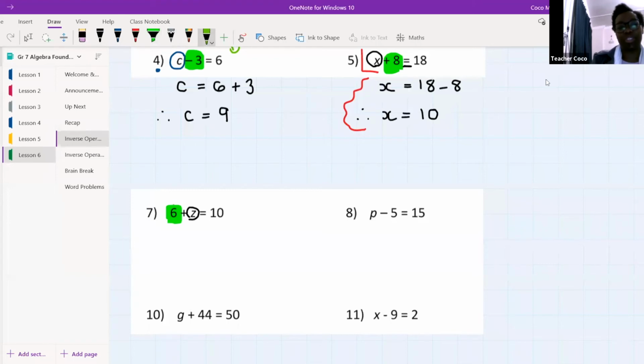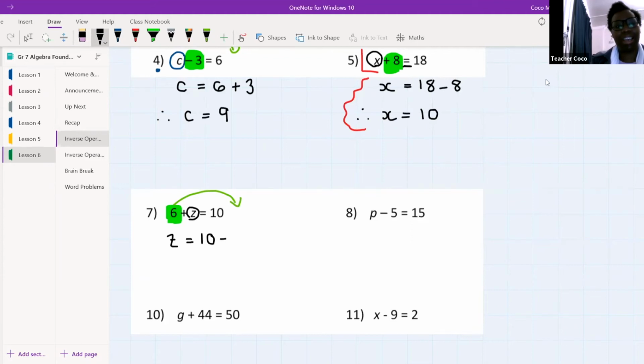Okay, so if I move 6 over the rainbow, what's going to happen to it, Bonginkosi? It's going to become? Minus. Good, so give me the next line that I'm going to write, please. Z equals to 10 minus 6.